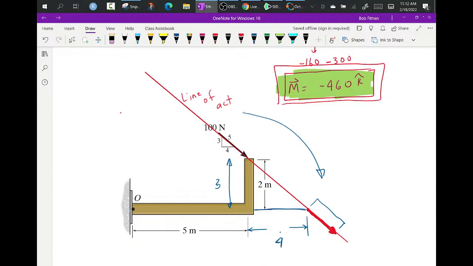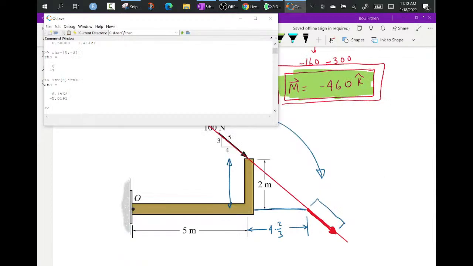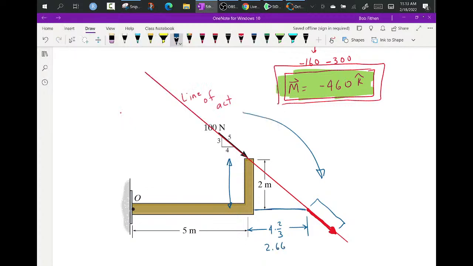So, in fact, it's 4 times 2/3, which is 2.6667 and whatever.